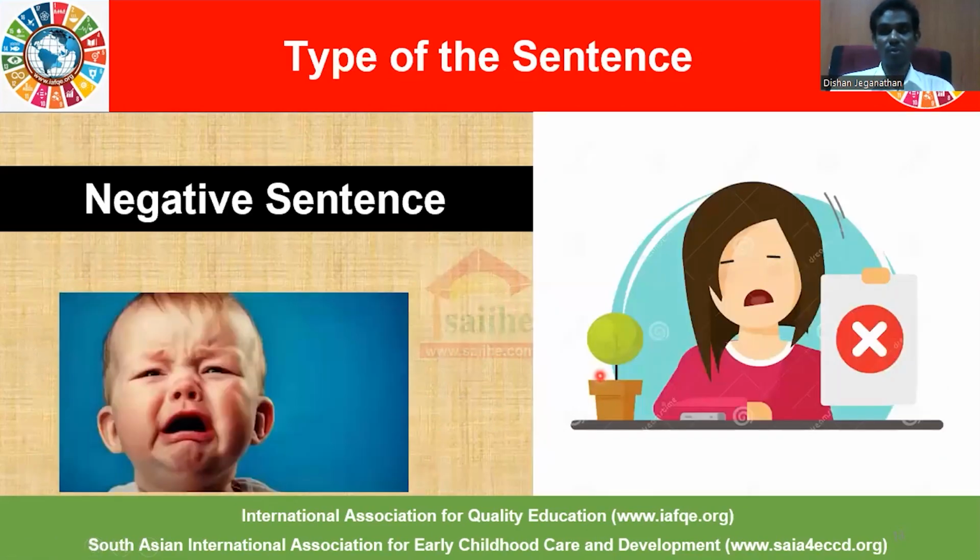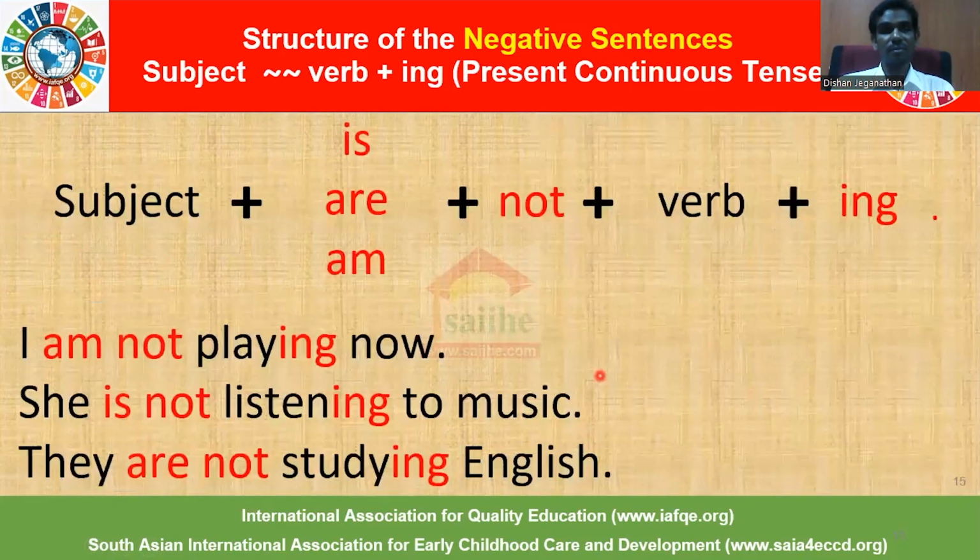Now we'll move to the negative sentences. The structure for the negative sentence in present continuous tense goes by subject plus is or are or am plus not plus verb plus ing.